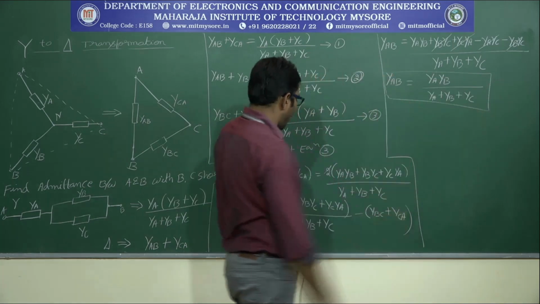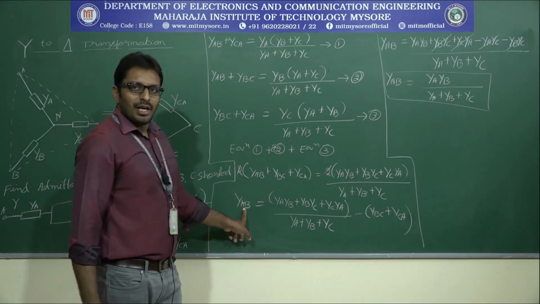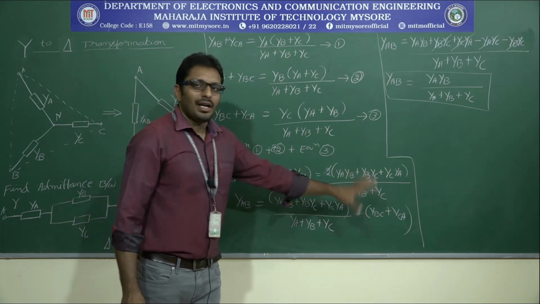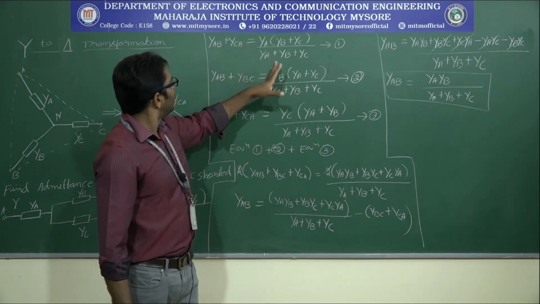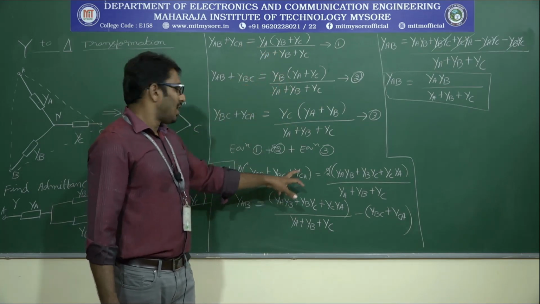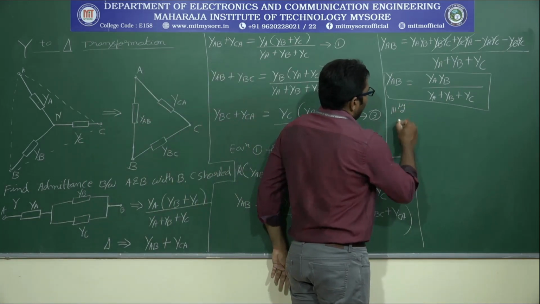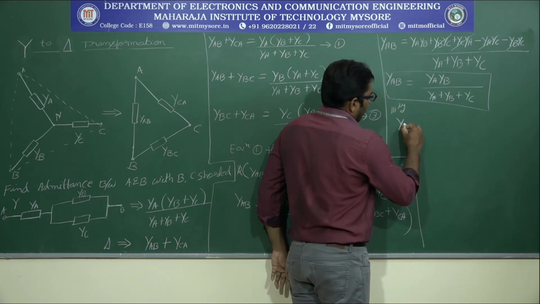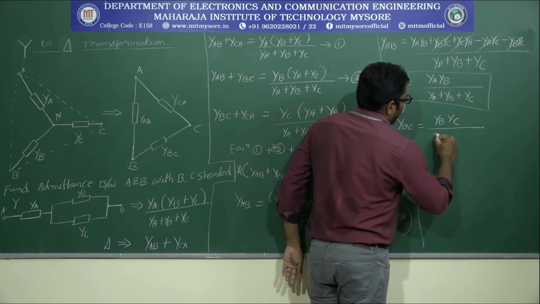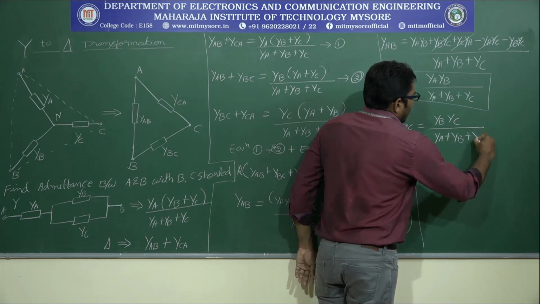Similarly, with the same operation, if you want to calculate YBC, just keep YBC on the left, shift the other 2 terms YAB and YCA to the right-hand side, and substitute either equation 1 or 2. You will get YBC is equal to YB into YC divided by YA plus YB plus YC.